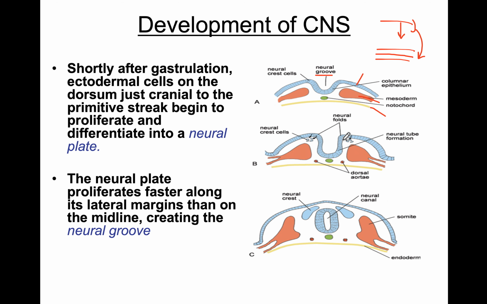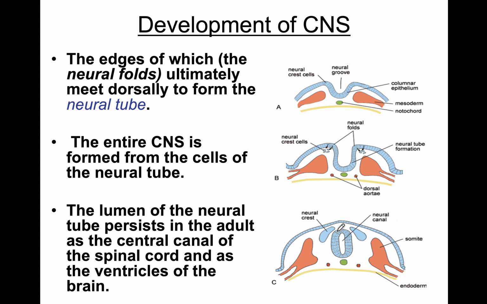The ends of these grooves grow toward each other. At the end, they form this tube, which is called the neural tube, and the ectoderm from this area will continue to grow, and this area here will be the future skin. Very important, this structure that is formed is the neural tube.